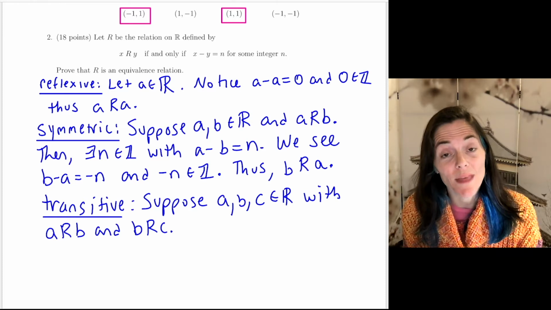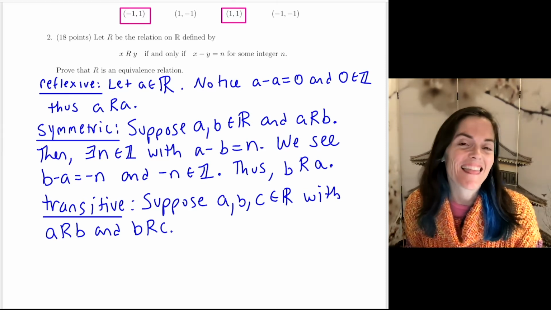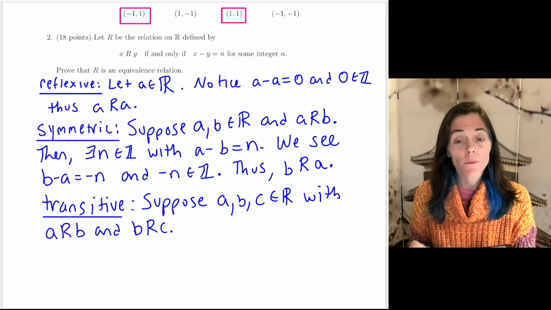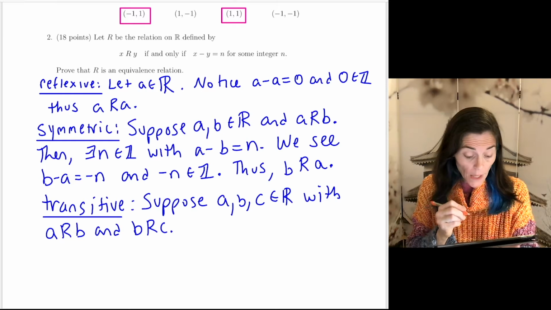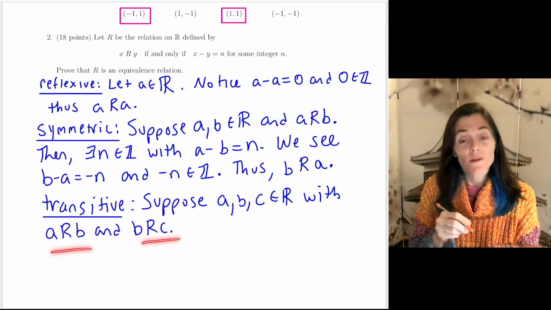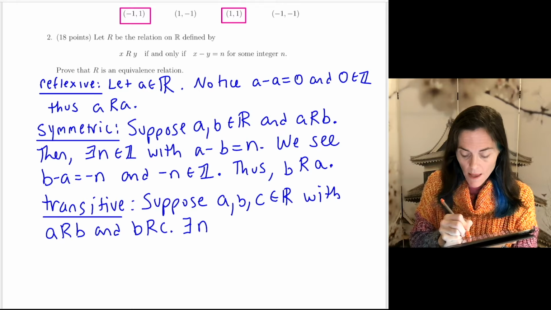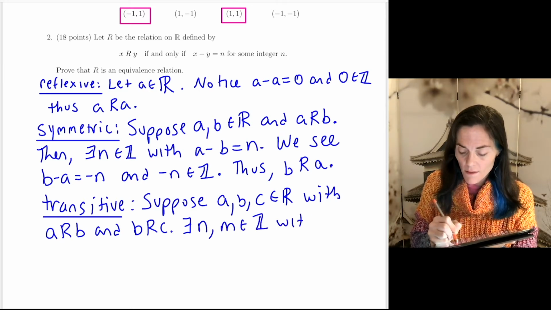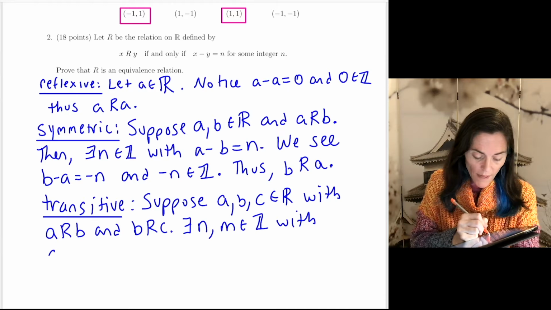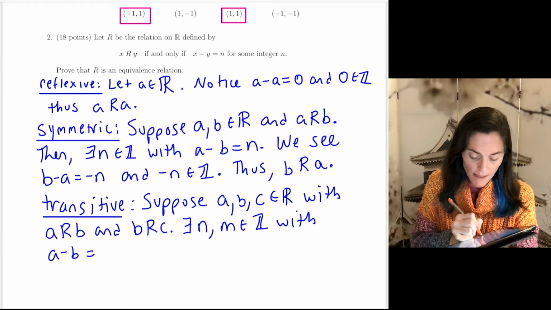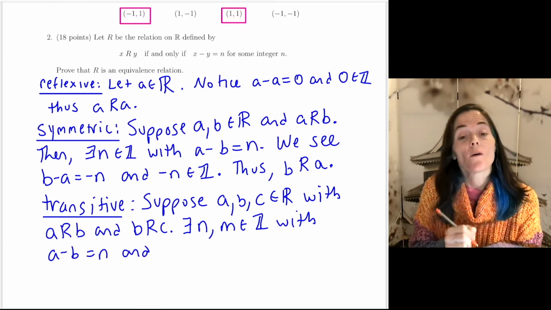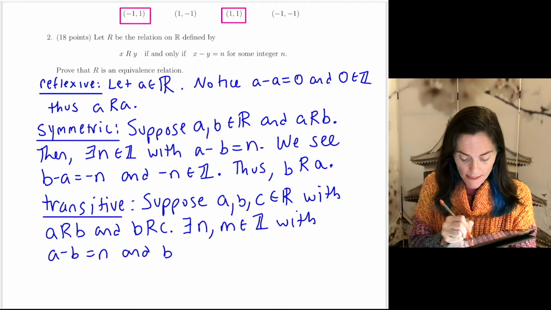I need to prove that a relates to c. This is what it means to be transitive. So we are assuming both of these though. So now I have 2 integers. There exist maybe n and m with, well, we would have a minus b is n, and we would have b minus c is m.